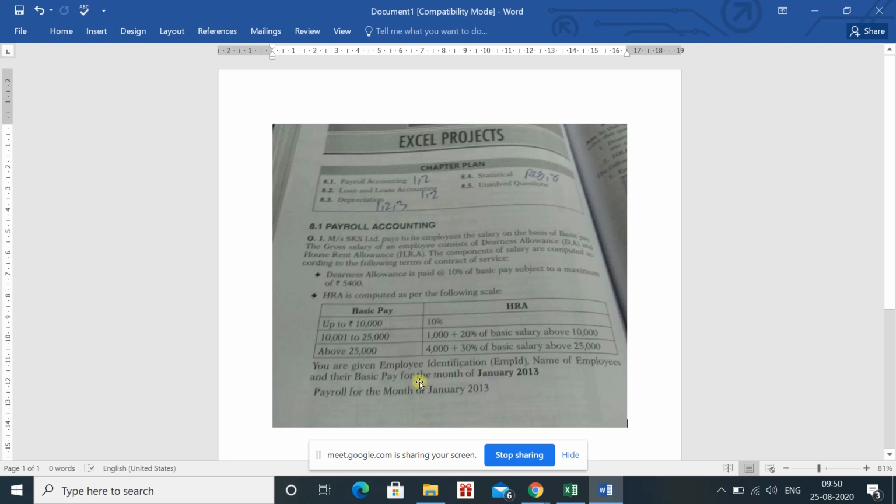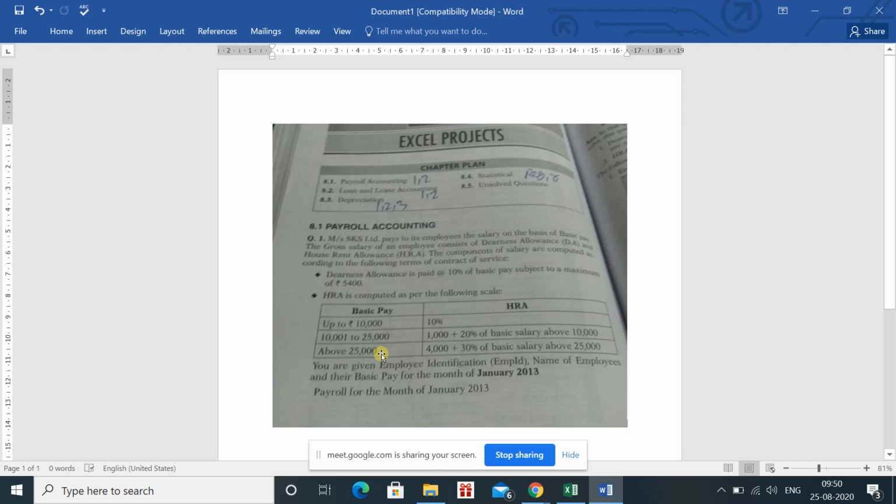They have not given the question exactly, but you can assume employee identification number, name of the employee, basic salary. If we assume these three things, then we can calculate the DA and HRA. We have to take basic salaries in such a way that some employees have salary up to 10,000, some fall between 10,000 and 25,000, others fall above 25,000.